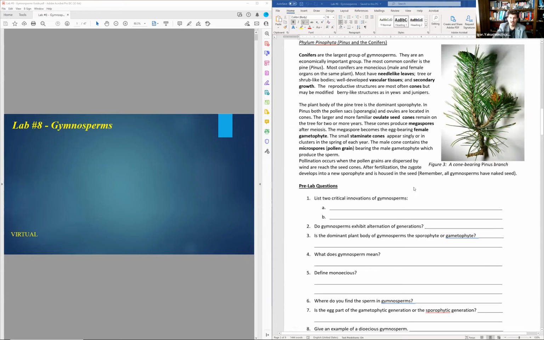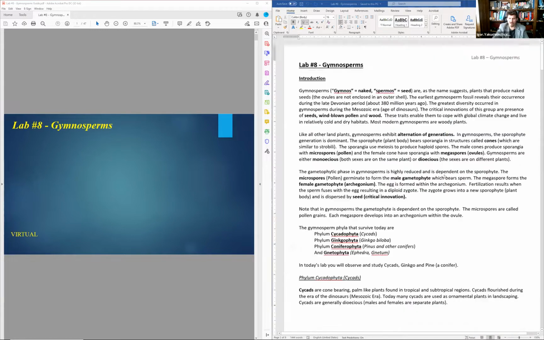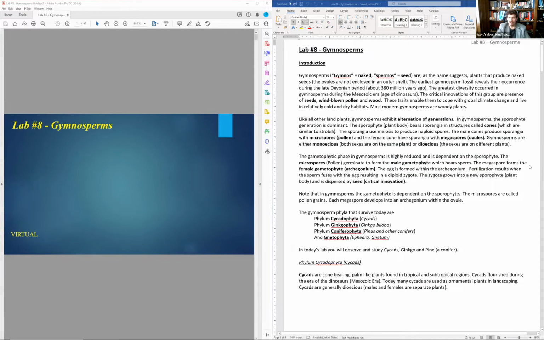Critical innovations of the gymnosperms. I think it says somewhere right here. First of all, we are talking about the seed, right? And then now the sperm do not require water to swim.